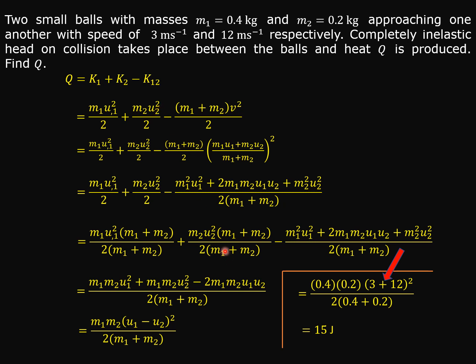That means the initial total kinetic energy of the two balls is not the same as their final kinetic energy after the collision. So there is some kinetic energy loss, which is 15 joules as we can see now. This 15 joules will be transformed into heat. That's why Q equals 15 joules.